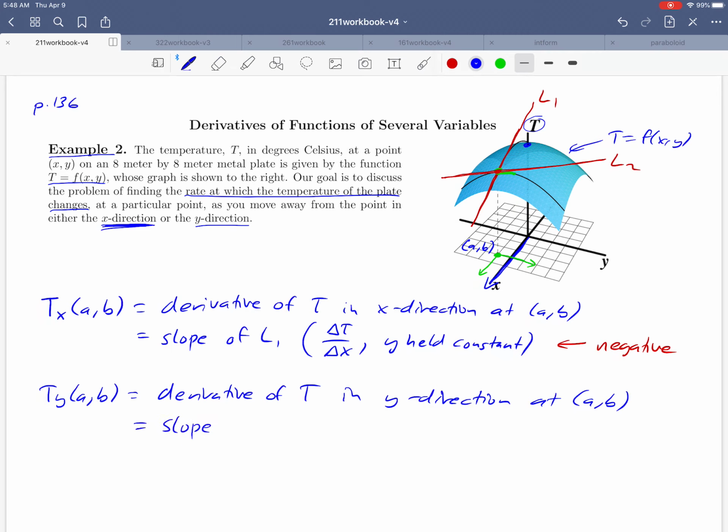That's going to be the slope of the line L2, the change in temperature over the change in y with x held constant. We looked at our picture and convinced ourselves that it looks like the temperature is going ever so slightly up in the y direction, so it would appear that this derivative that we've got is positive.